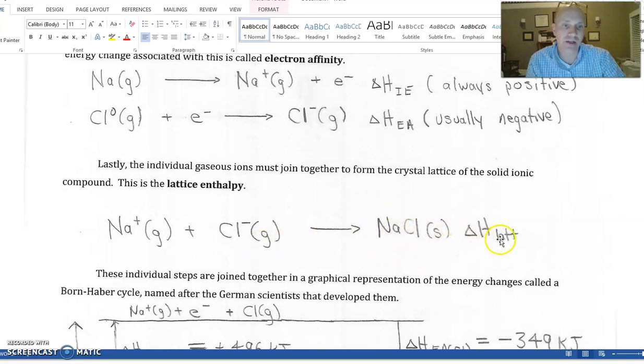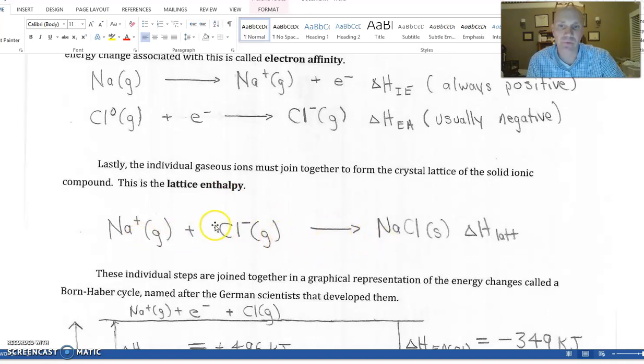The energy change associated with that is the delta H LATT, or the lattice enthalpy. This is the way it's abbreviated right here, but you would say that that's the lattice enthalpy.